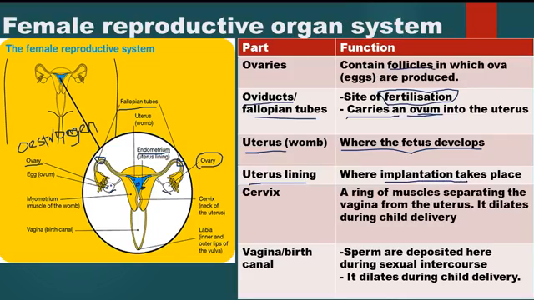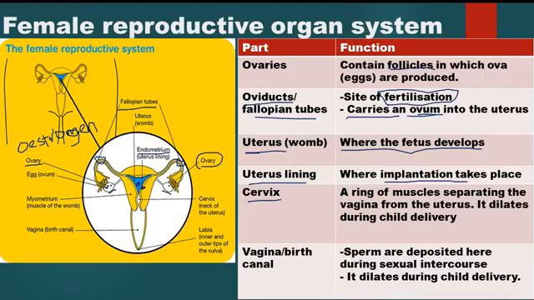In the upcoming videos, we'll see what happens after fertilization or during implantation. Implantation takes place in the uterus lining or the endometrium. Mark that.